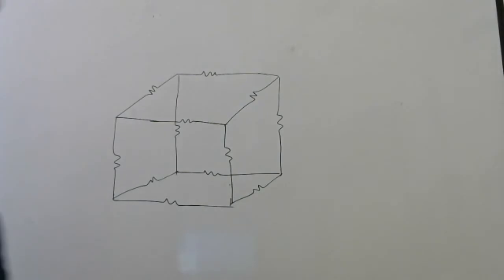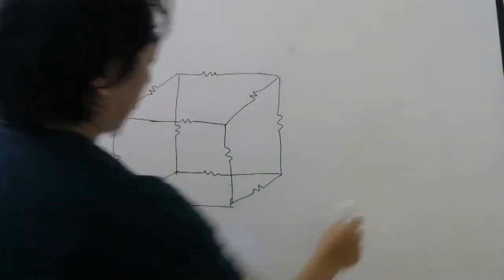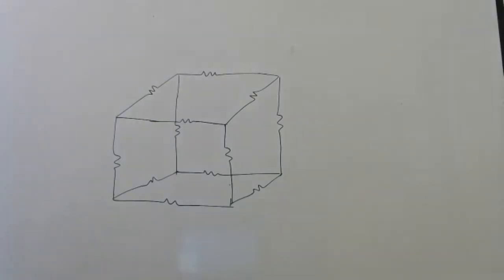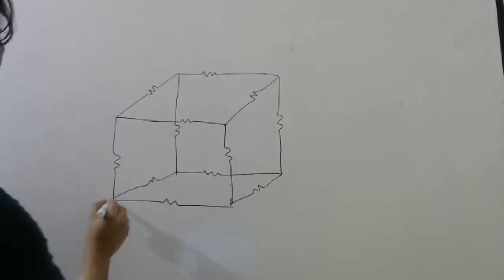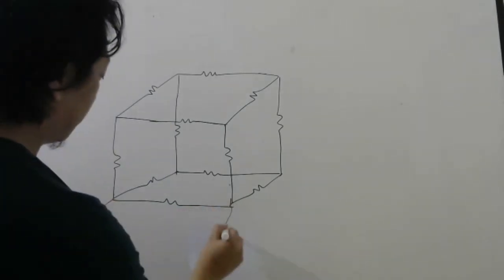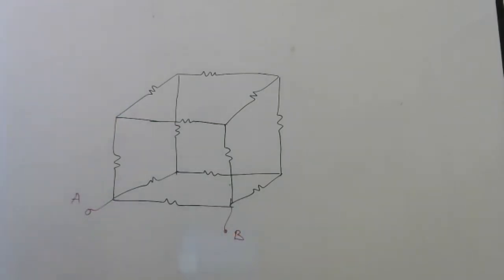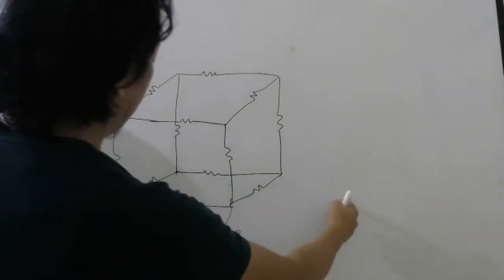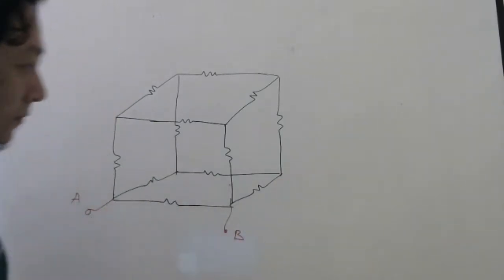So again, this cube is given. Between these two, I have done easily, so I will not repeat that one. You can try at home between these two by using path symmetry. Let us try between this and this. So these are the three possibilities. They can ask you between body diagonal, face diagonal, or across one side.